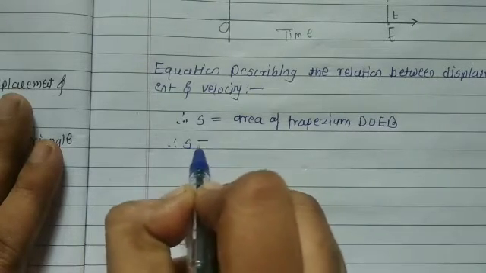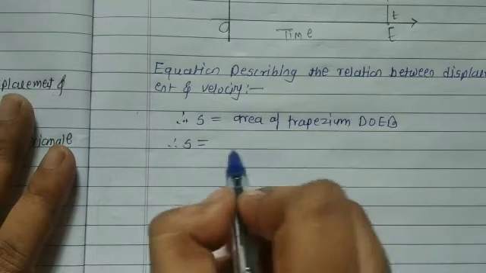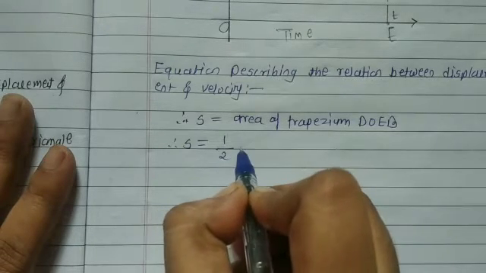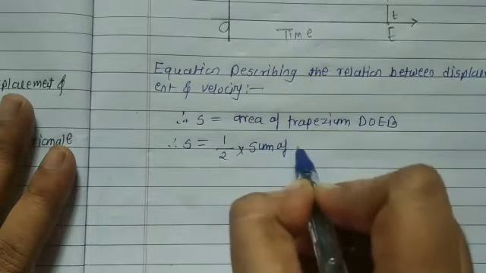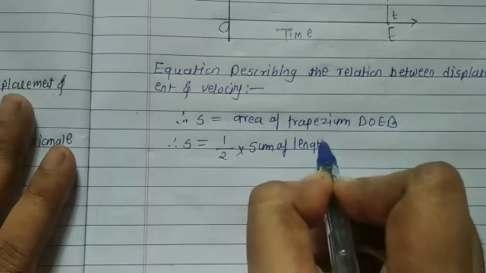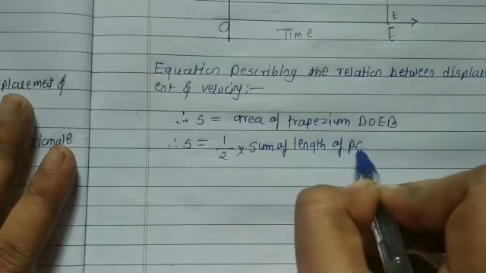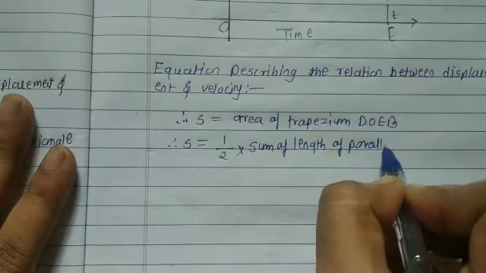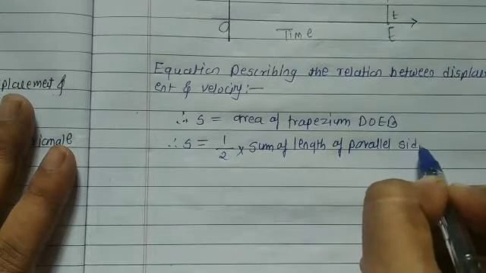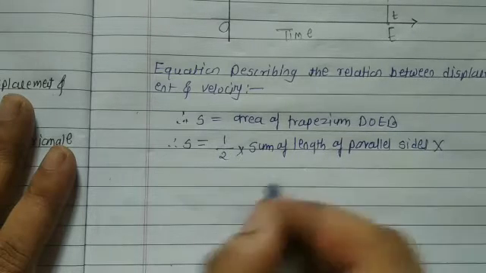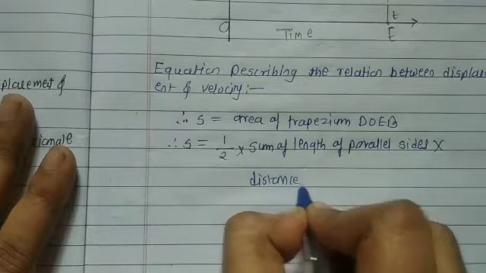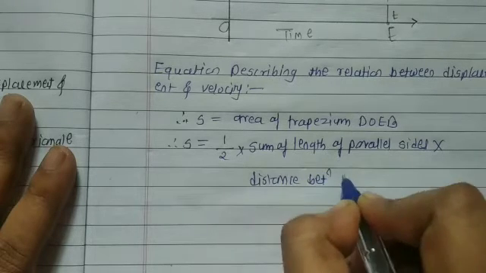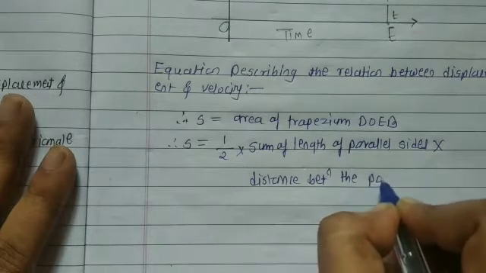Therefore, S is equal to, what is the formula of area of trapezium? That is 1/2 into sum of length of parallel sides into distance between the parallel sides.